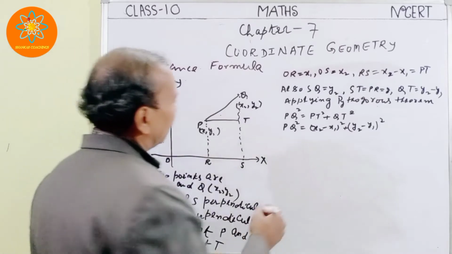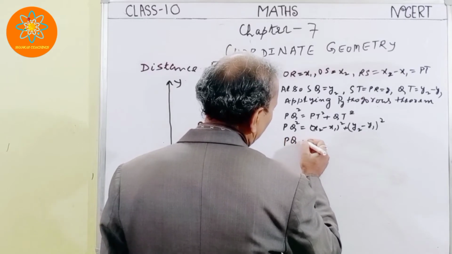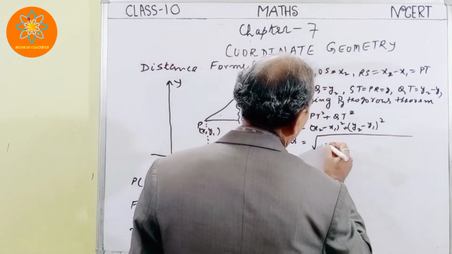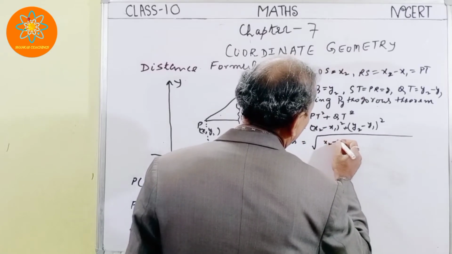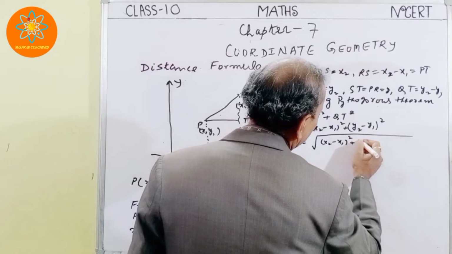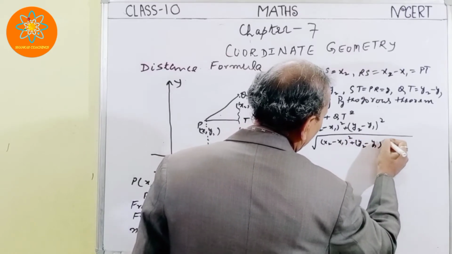So I can say that this distance PQ is equal to under root of x2 minus x1 whole square plus y2 minus y1 whole square.